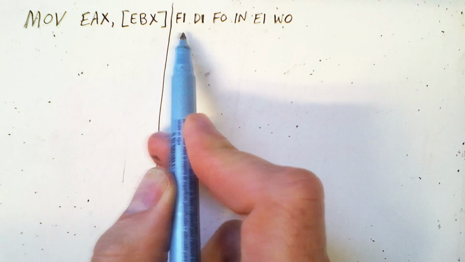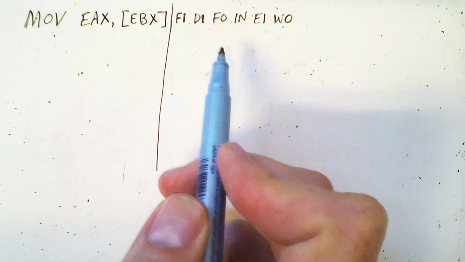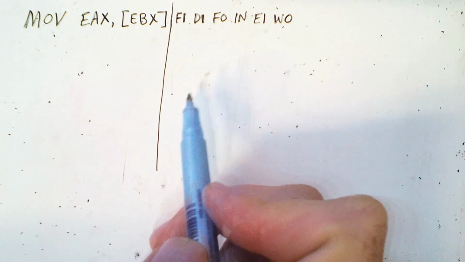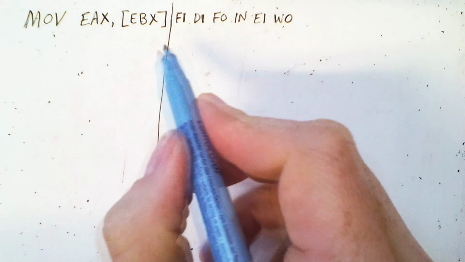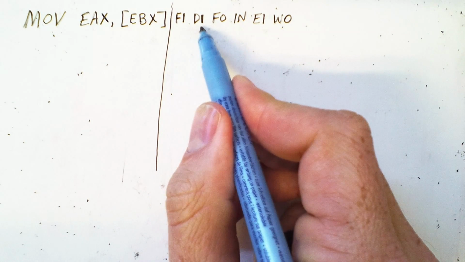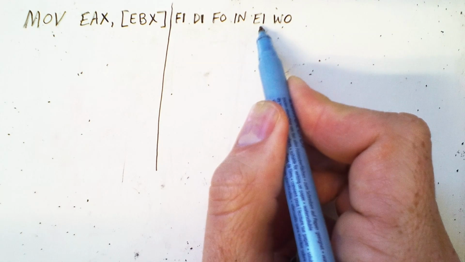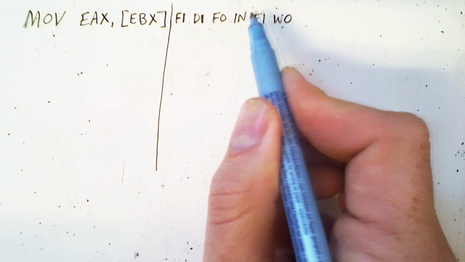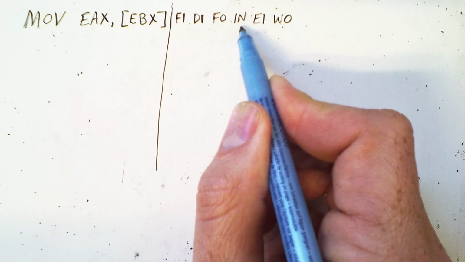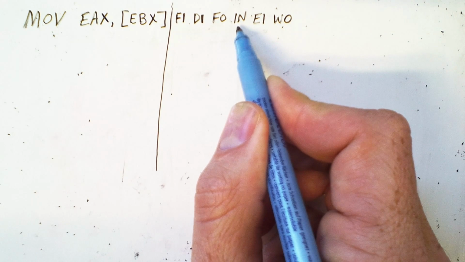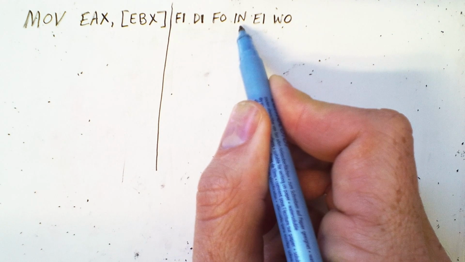Now here, I've laid out the pipeline stages, but I've actually added a new one that wasn't in the previous video. So before we had fetch instruction, decode instruction, fetch operands, and then we also had execute instruction and write operands. But the one I've added here, IN for indirect, means we're doing an indirect memory access.